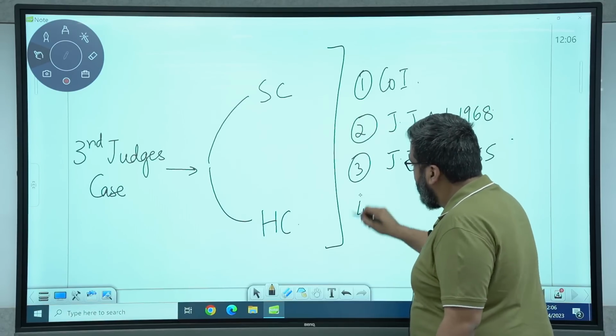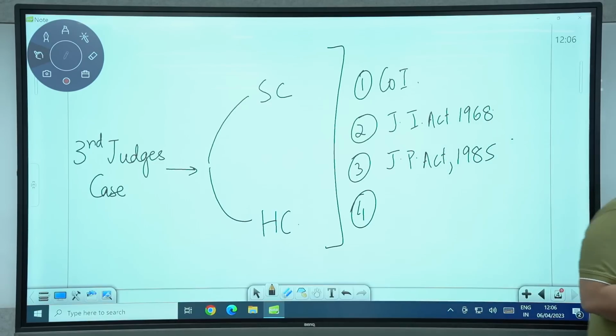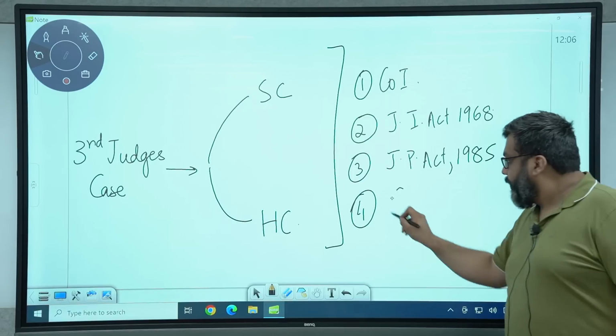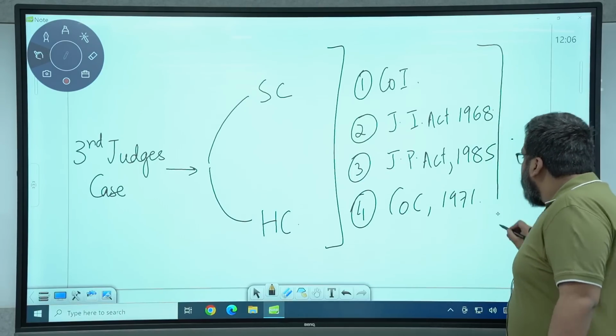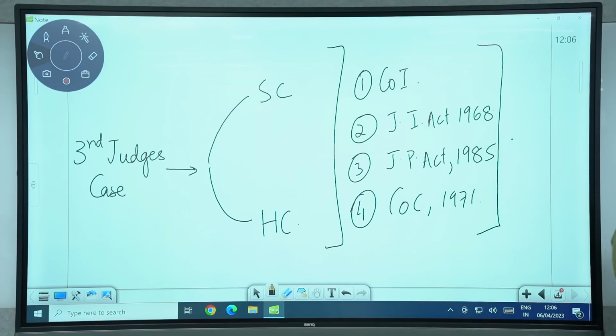And fourth, extremely important again, the Contempt of Court Act of 1971. These are our legislations. Okay? Now, these legislations are common to the Supreme Court and the High Court.